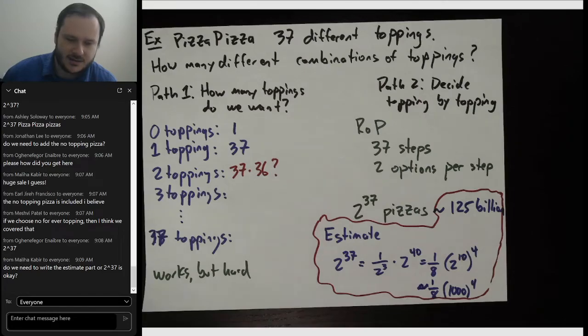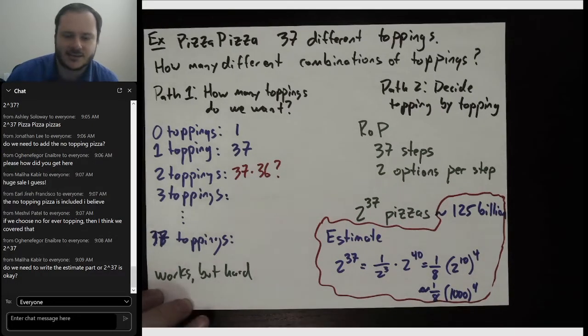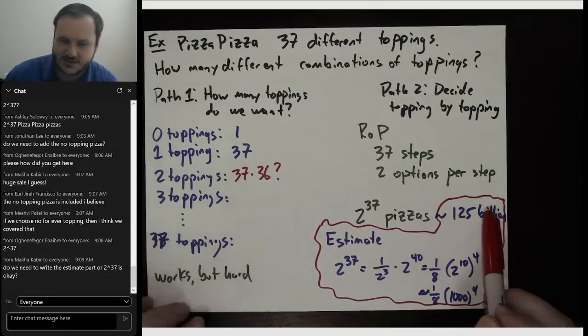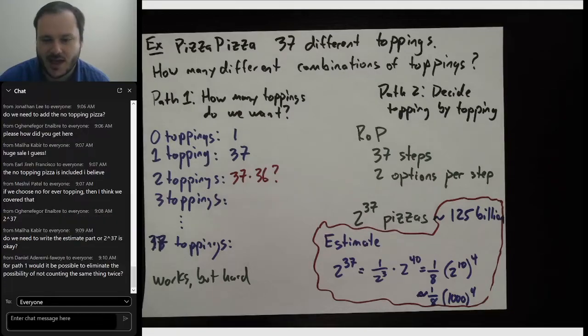But, you know, if you're being interviewed by the local news and they want to know how many pizzas there are, well, saying 2 to the 37, they're going to be like, what's that? So you need to be able to come up with an estimate. This estimate is about 125 billion. Which means, for sure, there are pizzas that no Canadian has ever ordered. Because there's no way Canadians have eaten 125 billion pizzas.